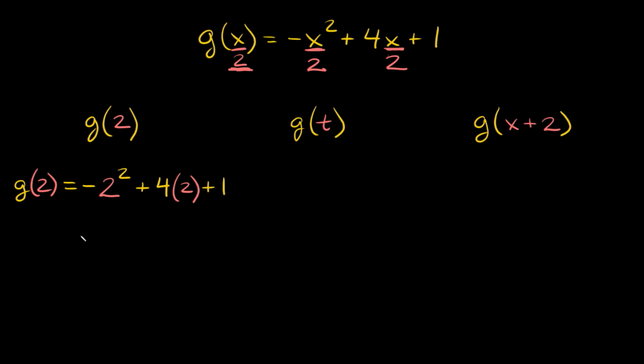So g of 2 is equal to negative, and 2 squared is equal to 4, so this is negative 4. Then we add that to 4 times 2, which is equal to 8, and then plus 1. Negative 4 plus 8 is equal to positive 4, and positive 4 plus 1 is equal to positive 5. So g of 2 is equal to positive 5.